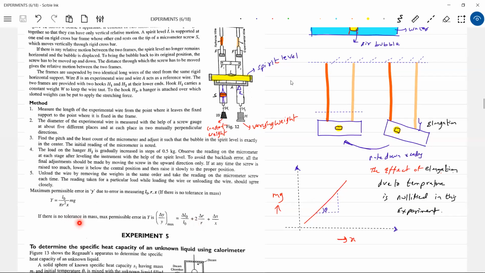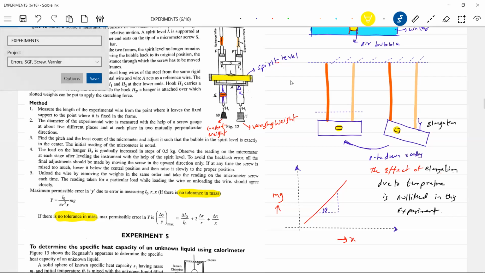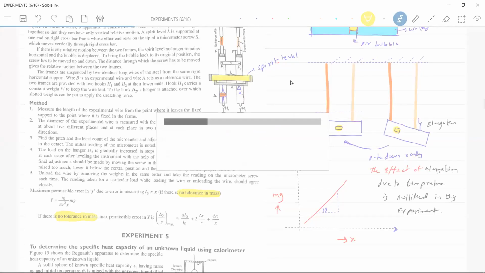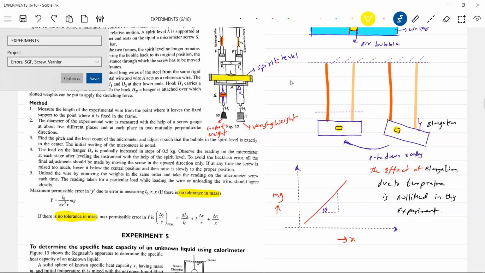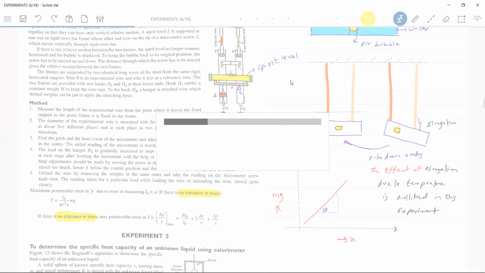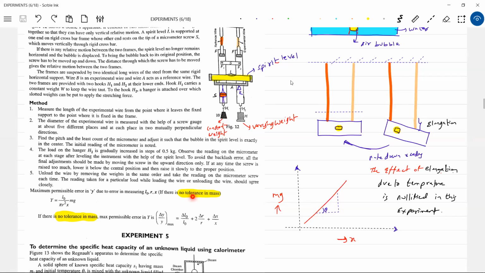He's saying something, no tolerance. What do you mean by that? The mass that I have is exact. If it is having any tolerance, what do you mean by tolerance?